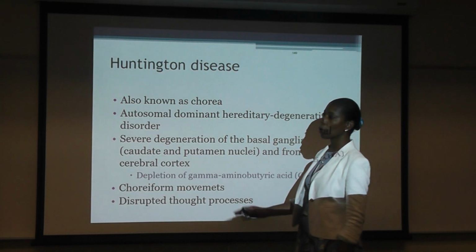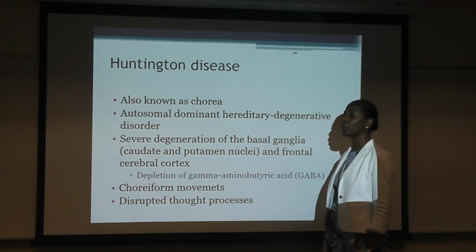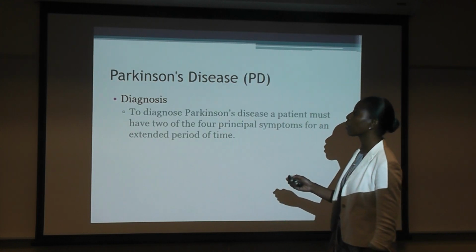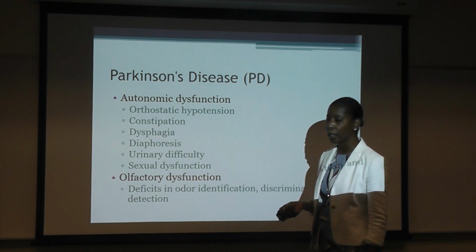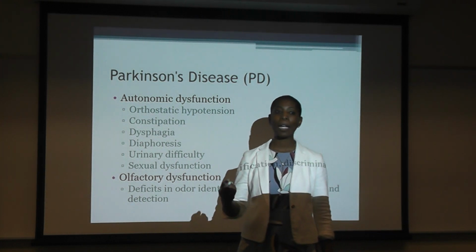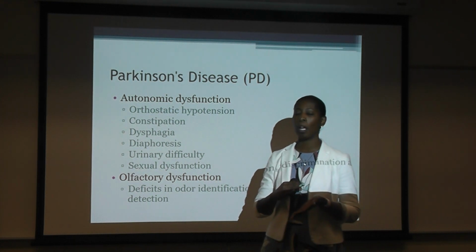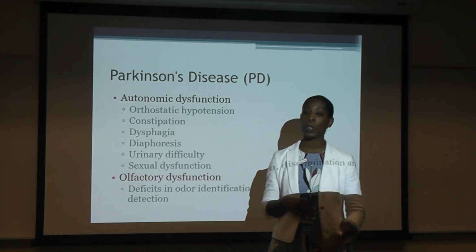Huntington's disease, also known as chorea. This is an autosomal dominant disease. I forgot to mention this: Parkinson's disease is implicated in the basal ganglia. It's usually a lack of dopamine in the basal ganglia that causes a lack of inhibition of acetylcholine.